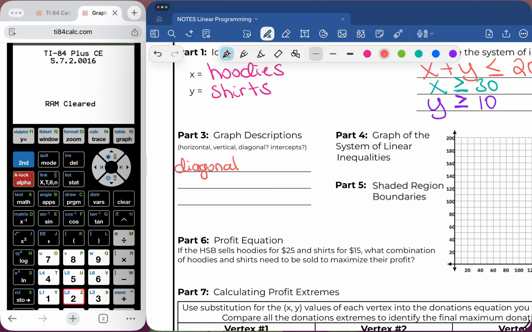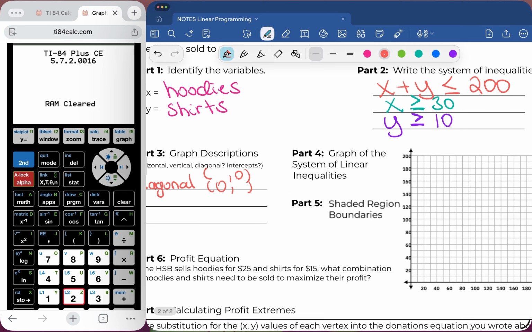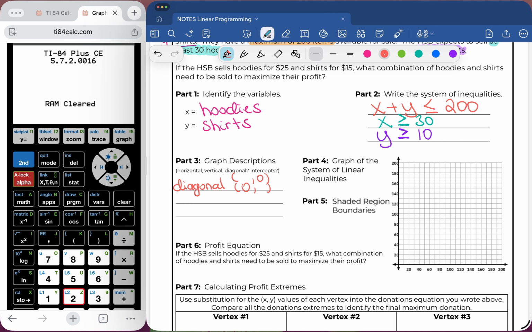And so we're going to need to find our two intercepts to graph that diagonal. I need to know my x-intercept, and then I need to know my y-intercept. So we're going to use that same intercept rule to calculate those.